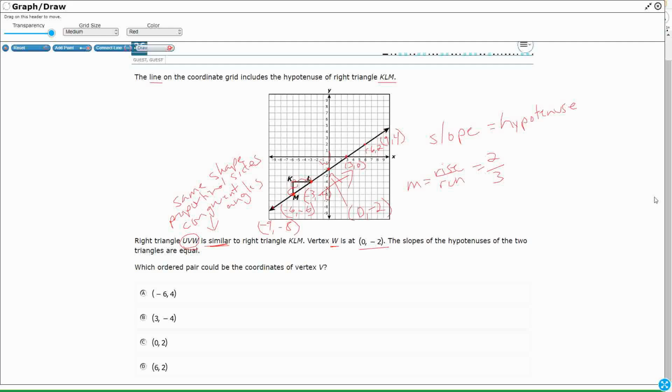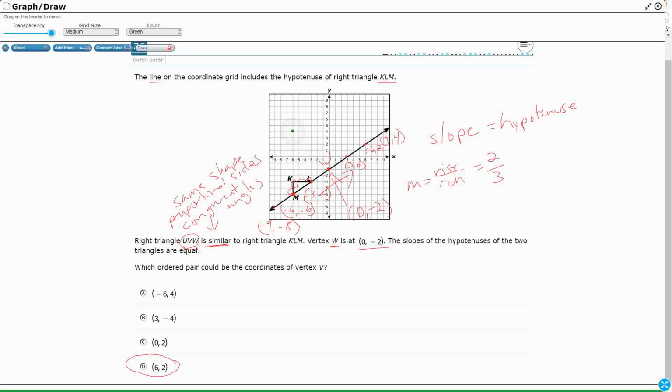So let's see. What do we have? Well, I do see that I've got this right here. Got that 6, -2. Let's look at these other spots just to verify. -6, 4. So -6, 4 is going to be way up here.